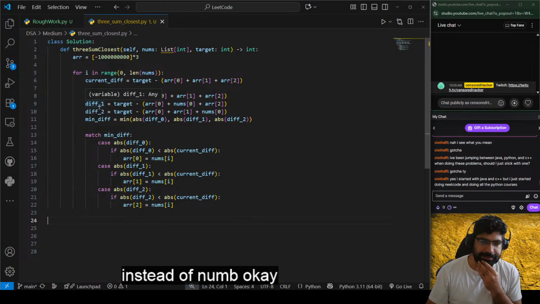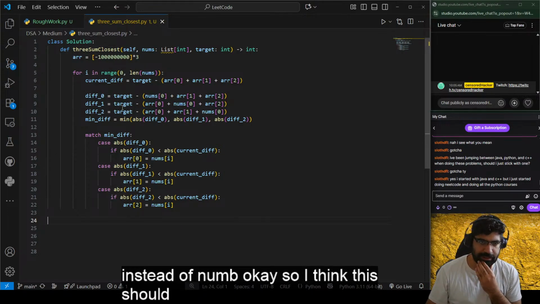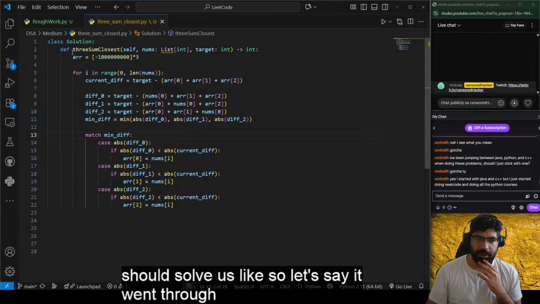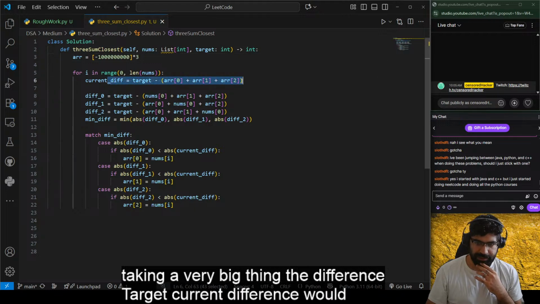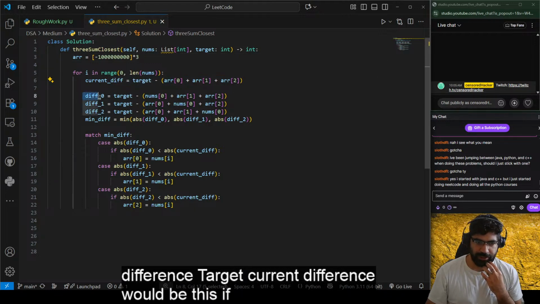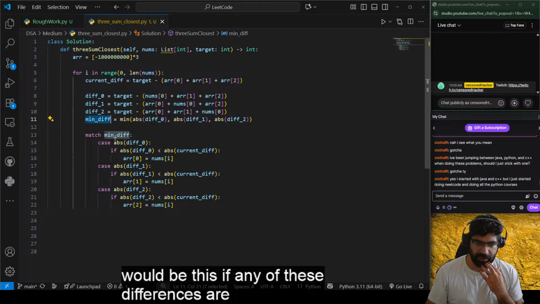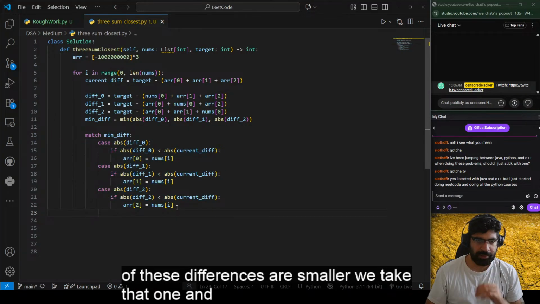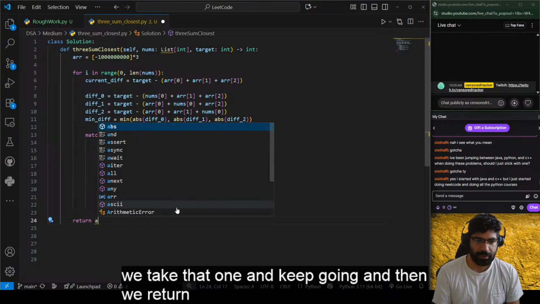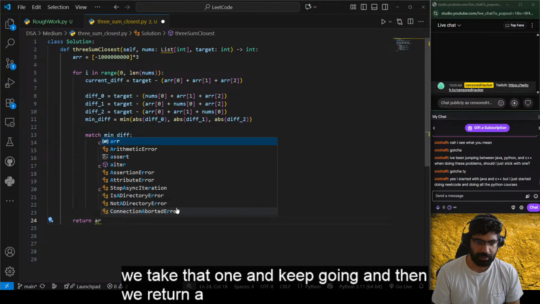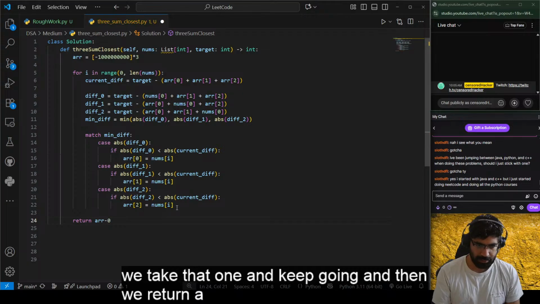Okay, so I think this should solve it. Let's say it went through. We are taking a very big difference to the target. The current difference would be this. If any of these differences are smaller, we take that one and keep going. And then we return arr 0.